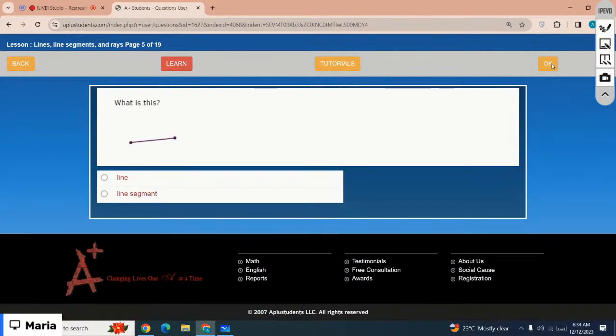A line can be extended in either way, right? This is the line. What is this? Line, line segment?